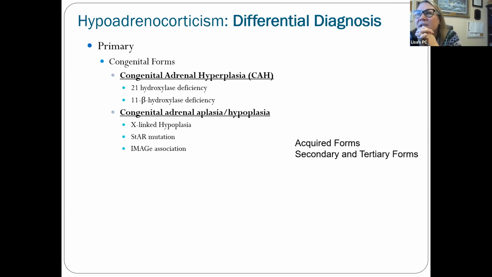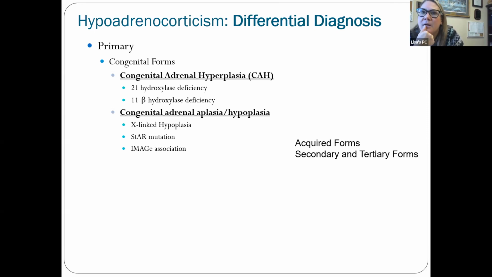A StAR mutation, if you remember that steroid biosynthesis picture, the very first enzyme was the StAR one. If you're deficient in that StAR enzyme, that's allowing cholesterol to transport into the adrenal gland to be processed to form all your hormones, then you can't make any of your hormones. So your adrenal glands are smaller and you're deficient in all of them.